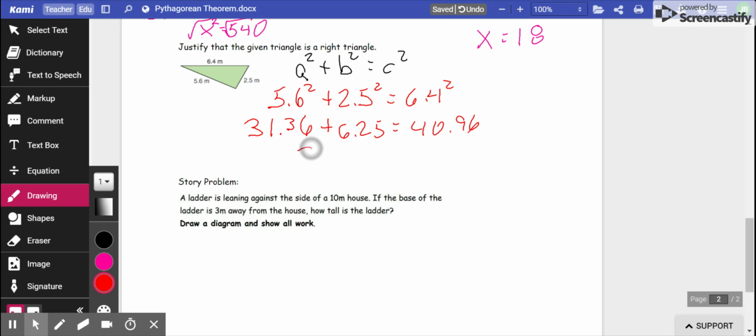When I add these together, I get 37.61 equals 40.96. Obviously, these two numbers do not equal each other. So what can I conclude about this triangle? There is no right angle. This is important to know.